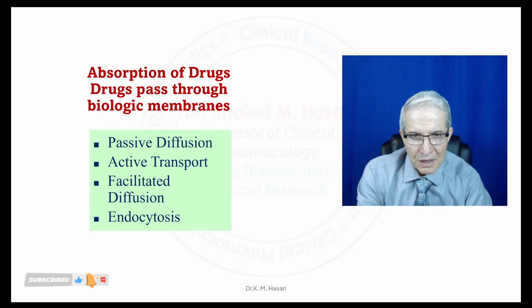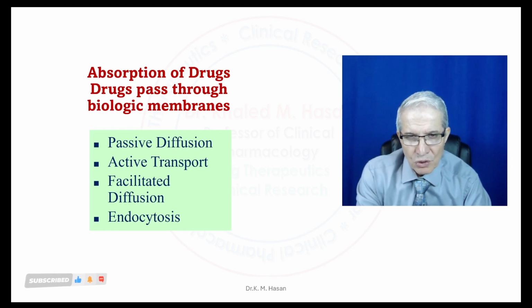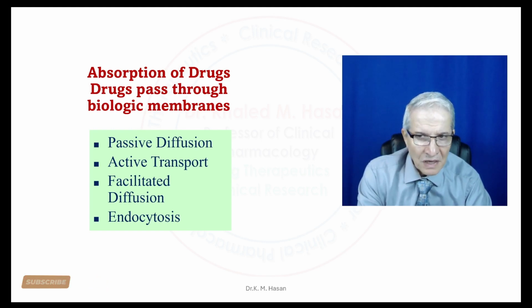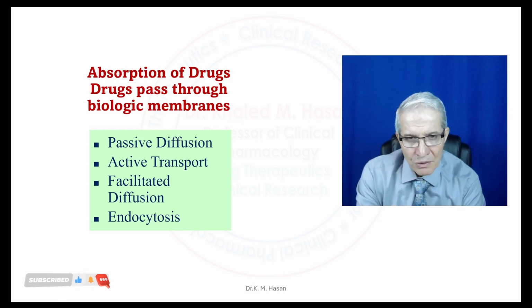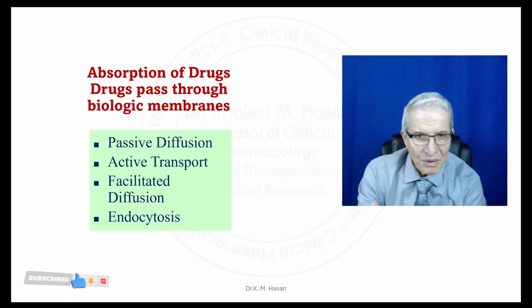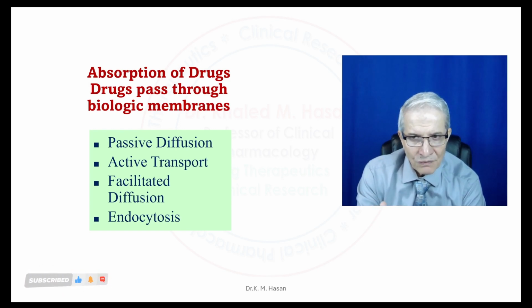For example, the drug could cross the biological membrane through passive diffusion, active transport, facilitated diffusion, or something called endocytosis. So these are the four main processes that give the medication the ability to cross a biological membrane: passive diffusion, active transport, facilitated diffusion, and endocytosis.